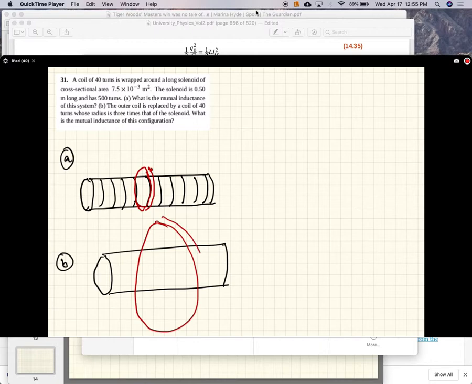Okay, same thing. And what you'll see in a second is the mutual inductance for both these configurations is the same. Okay, so let me write down the defining equation for a mutual inductance.